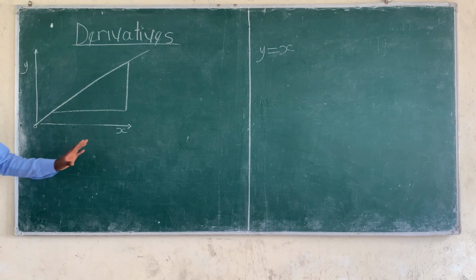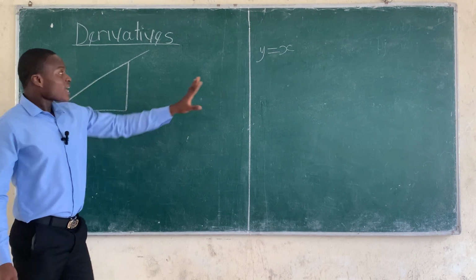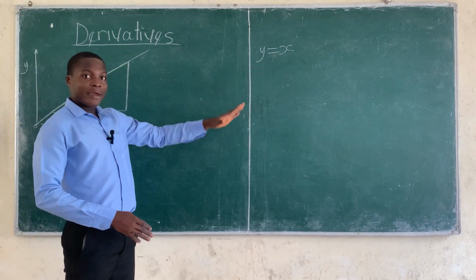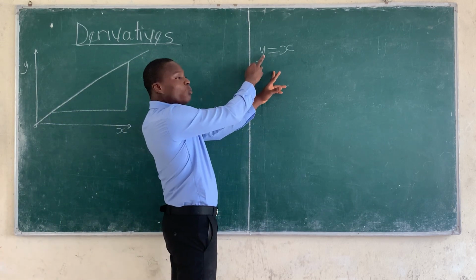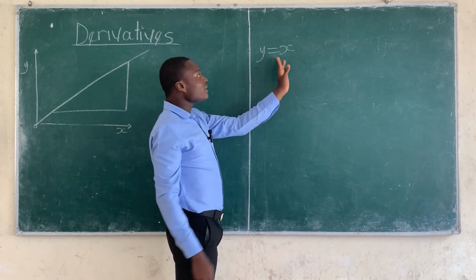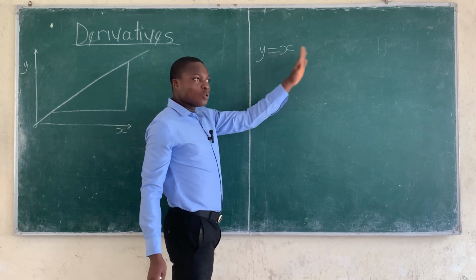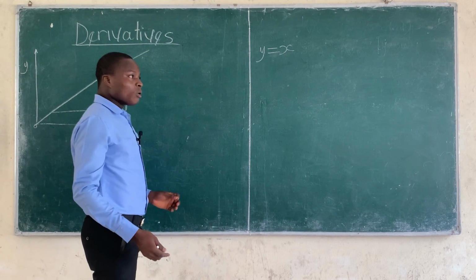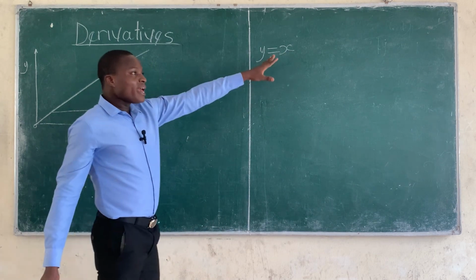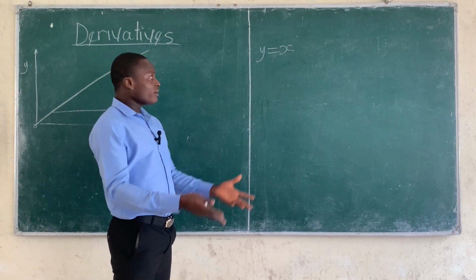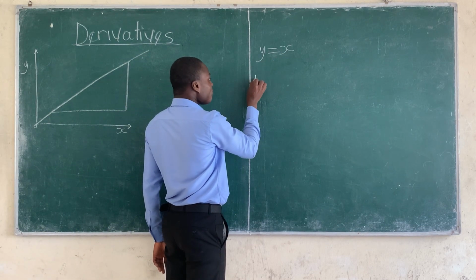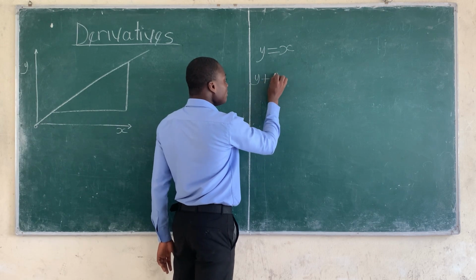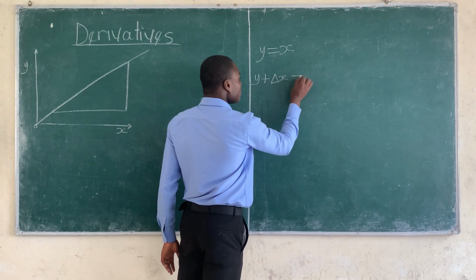We have seen that as x increases, y also increases. So let's add the increase in y to y and also add the increase in x to x. Why? Because if x increases, y also increases. So if we add the increase in y here, we have y plus the increase in y.